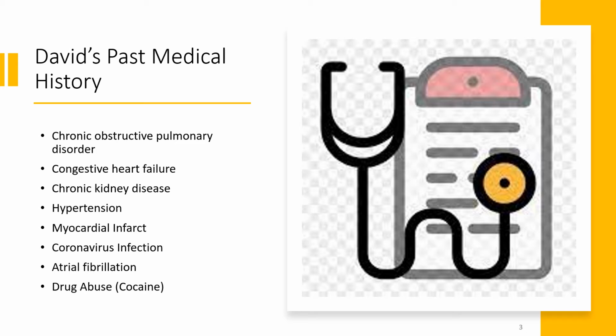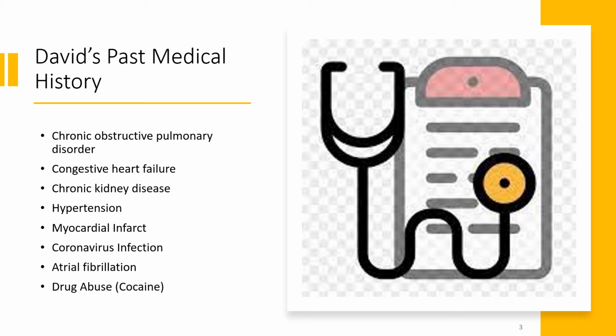He did have coronavirus last year, has suffered from atrial fib in the past, and as we discussed earlier, a history of cocaine abuse. David does take several medications at home, and he reports that he takes them as prescribed.